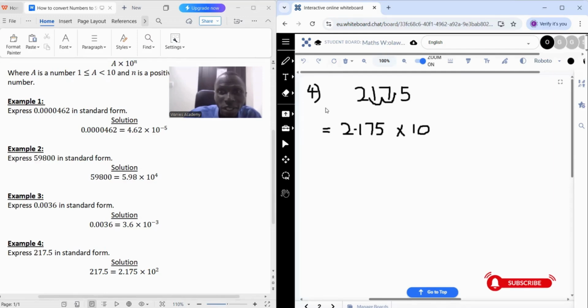Here we compare the original number, which is 217.5, with the first number. Of course, the original number is bigger than the first number, so we're going to have a positive power, 10 raised to the power 2. So 217.5 in standard form will be 2.175 times 10 raised to the power of 2.